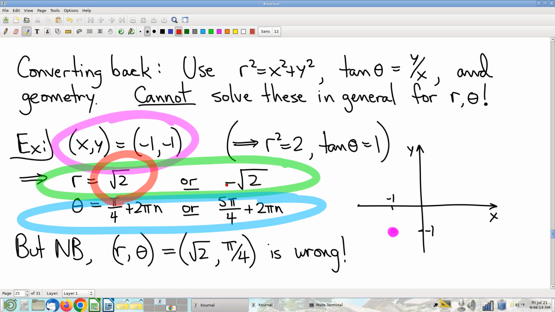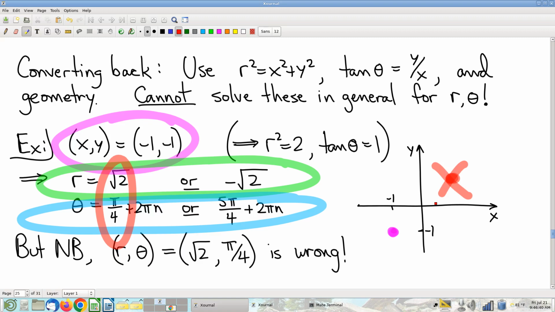And likewise, everyone thinks, come on, pi over 4. That's the one that we're really interested in, and this is just trigonometry is weird, right? But not so. Very importantly, not so. If you take the most convenient value of r, the most convenient value of theta, well, that puts you over here, which is not the point we're interested in.